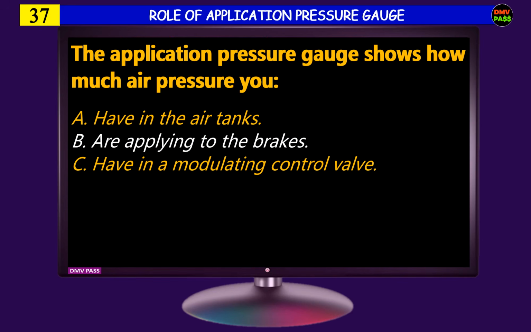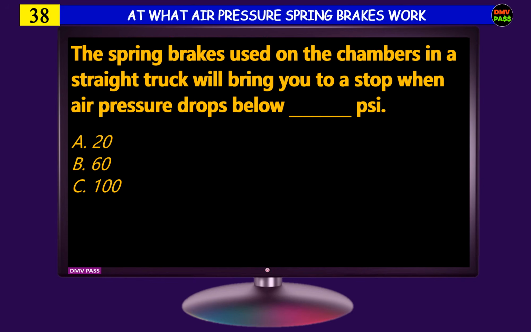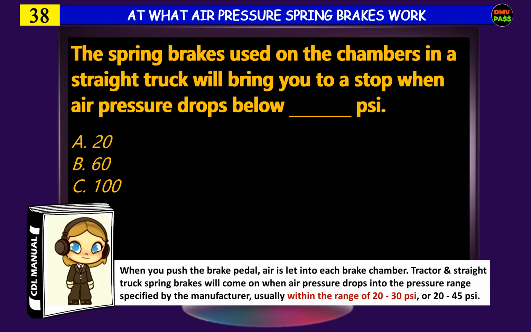Next question. 38. The spring brakes used on the chambers in a straight truck will bring you to a stop when air pressure drops below blank psi. A. 20. B. 60. C. 100. Note: when you push the brake pedal, air is let into each brake chamber.